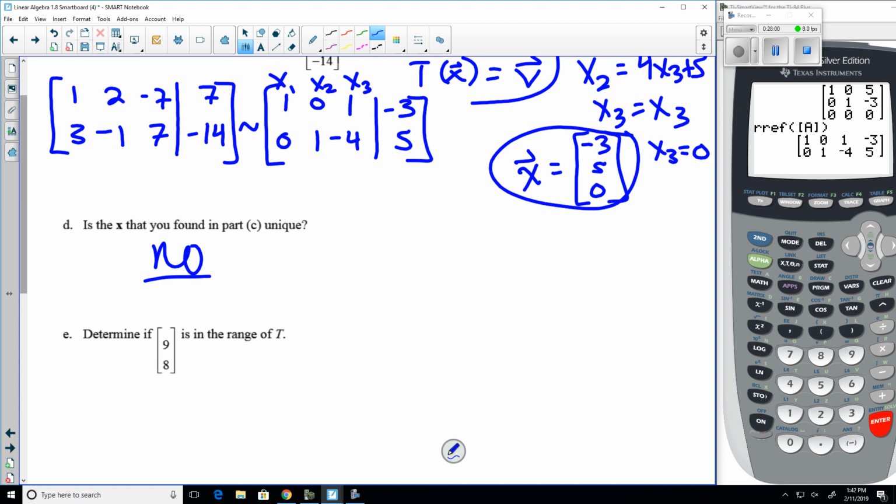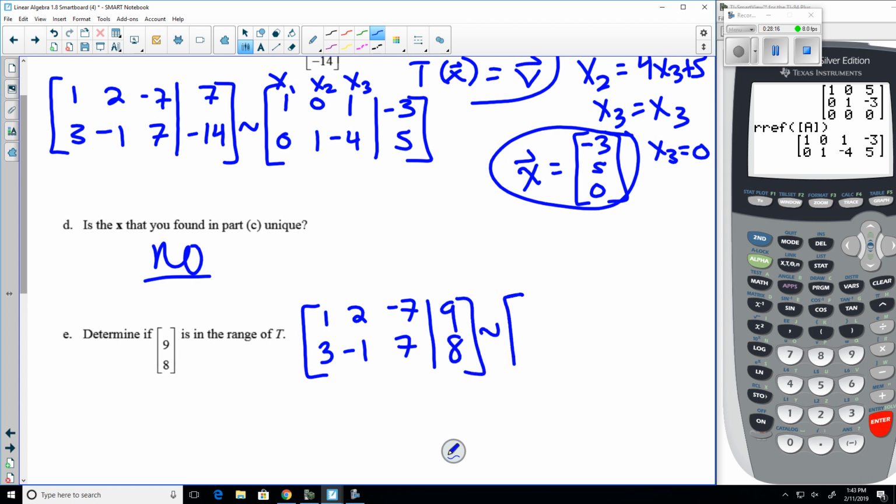So next it says determine if this vector 9, 8 is in the range of T. Well, if we were to augment this vector instead of the one previous, the left side would row reduce exactly the same way, and these parts we wouldn't know.